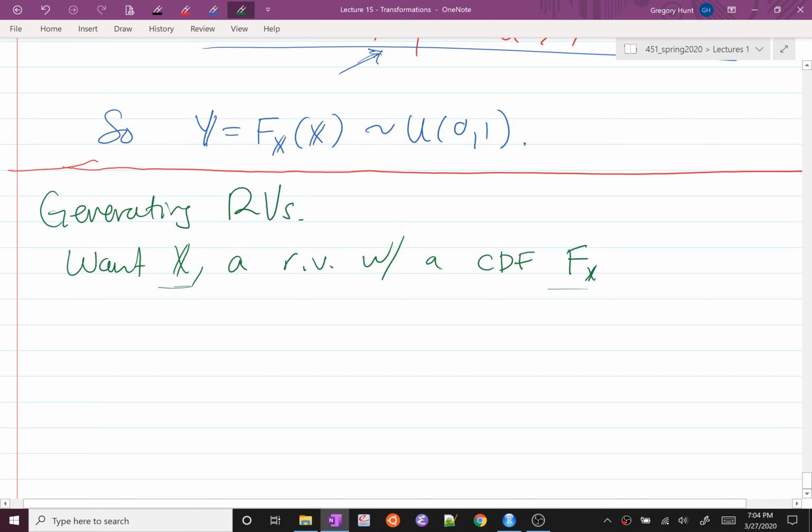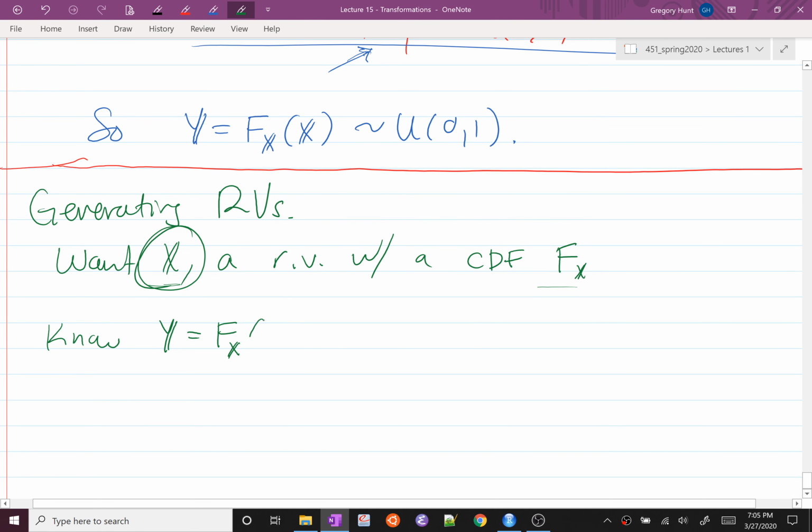numbers from this distribution. What I know is that if I want to generate values from X, I generate some numbers from a uniform distribution, from a normal distribution, from a chi-squared, from whatever distribution.